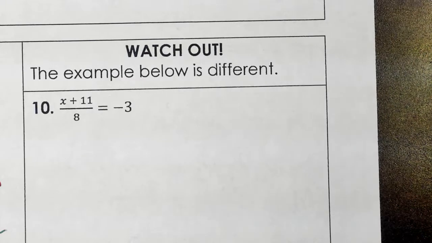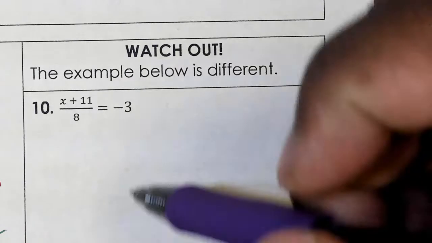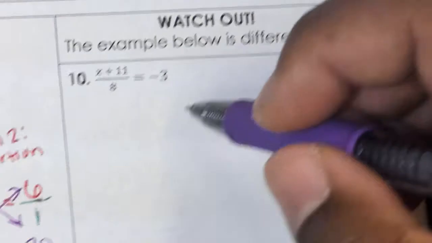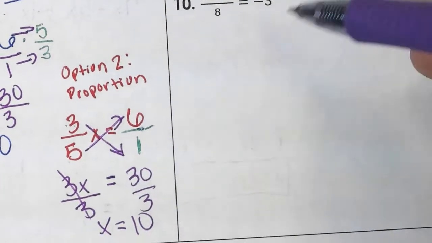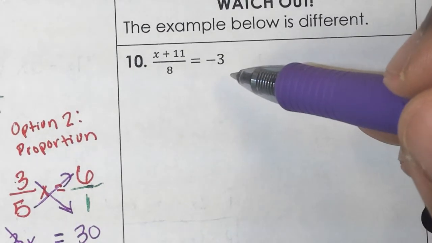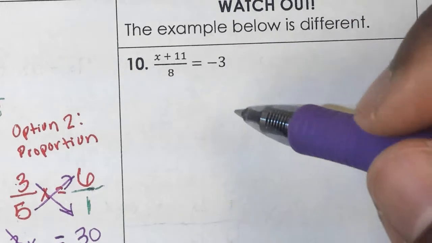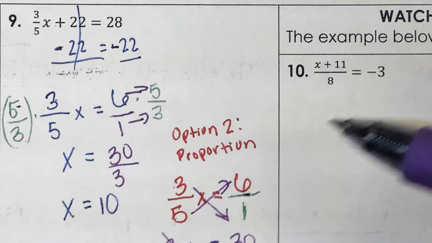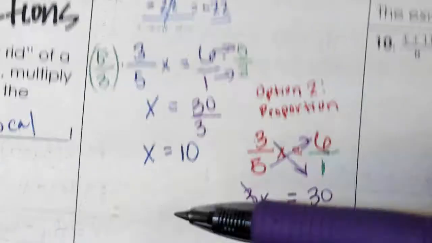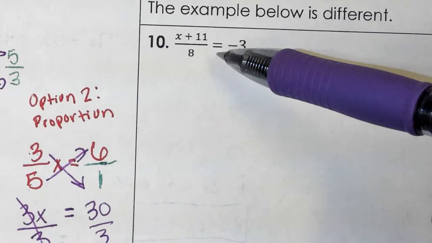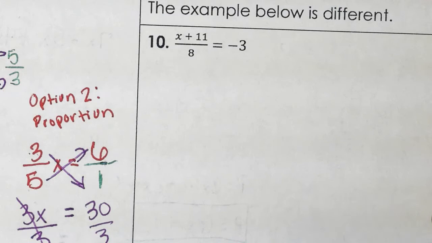So once again, you got a couple options with this. I can do the same thing I just showed you. I can make a proportion and cross multiply to move the 8. Or I could do reciprocal, as we did over here. On this one, honestly, proportion would be easier. There's just so much junk at the top.